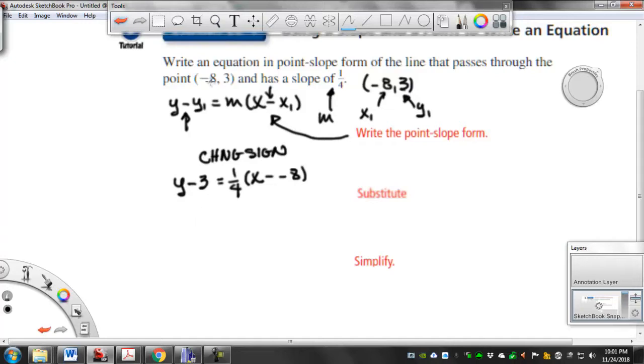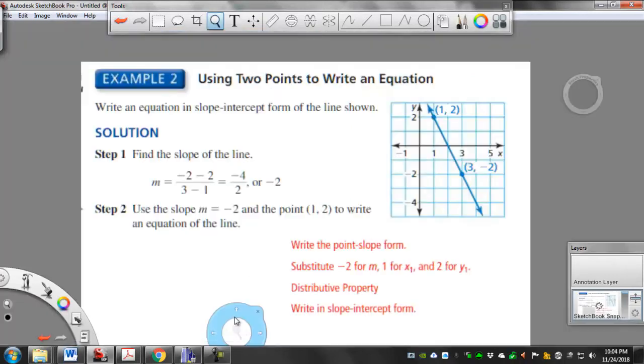So that -8 is going to become positive, so 1/4 times x plus 8, and this positive 3 is going to become a -3, so y minus 3. If we have to simplify it, on this one we don't have to, there's nothing to simplify, we get y minus 3 equals 1/4 times x plus 8.